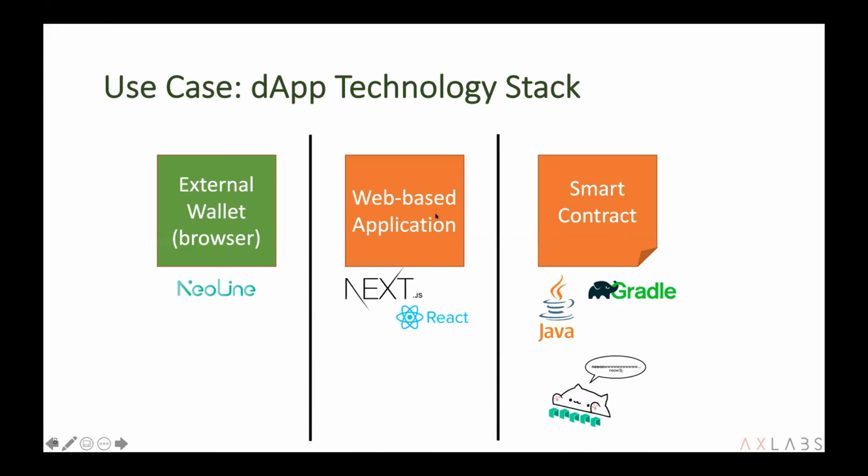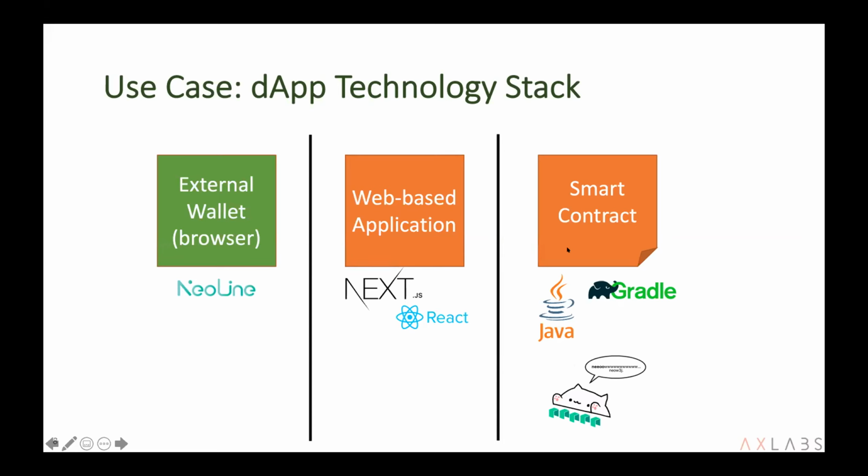To interface with the smart contracts, we have a web-based application written in Next.js and React, and this web application is also public. We just made it public recently, and the very important part here is that it's integrated with NeoLine, the external browser wallet of Neo. So this is the tech stack.